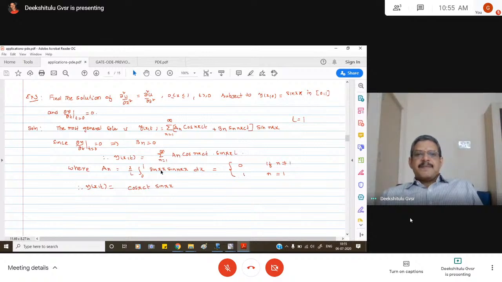So a_n is 2 by L, integral 0 to 1, the function is sin pi x, sin pi x into sin n pi x dx. We know that when n is equal to 1 it becomes 1, since sin square pi x integrates to a nonzero value, but sin pi x into sin n pi x is 0 otherwise.